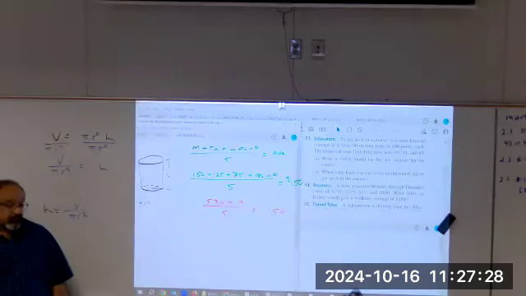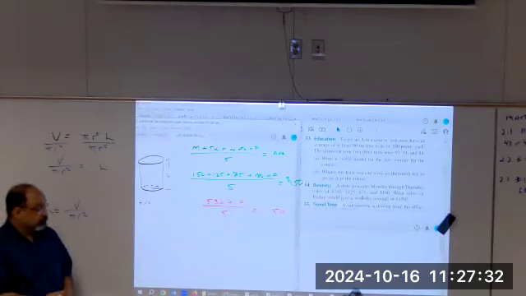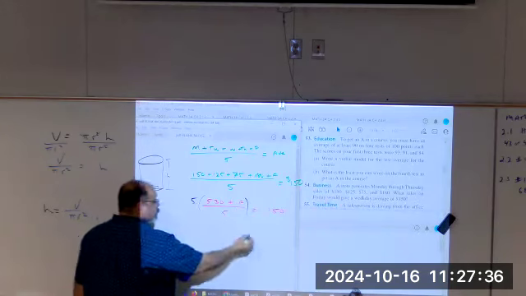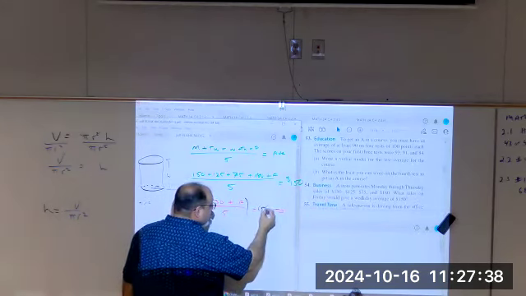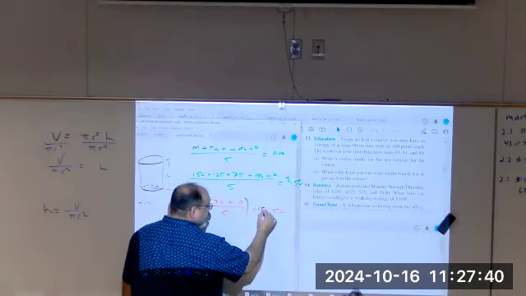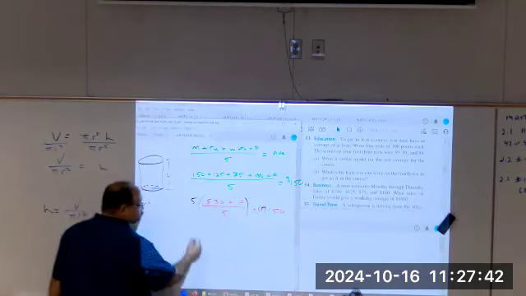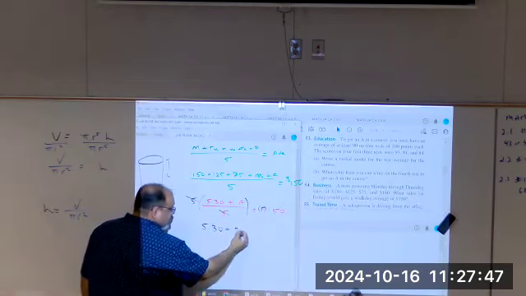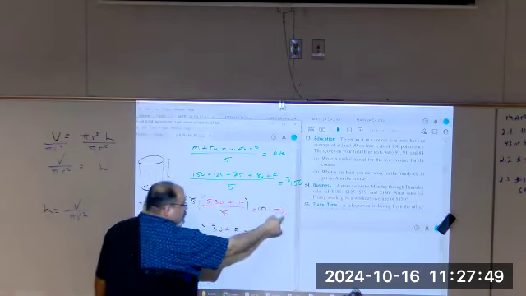The only denominator is just 5. So I'm going to multiply this fraction by 5, and over here, you got to multiply by 5. No more fraction. 750.